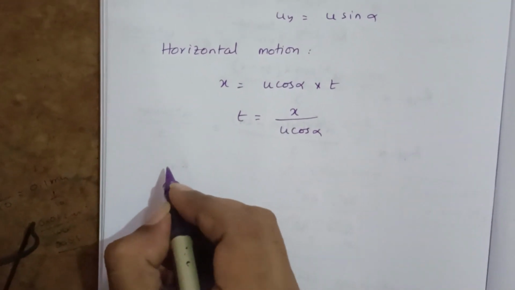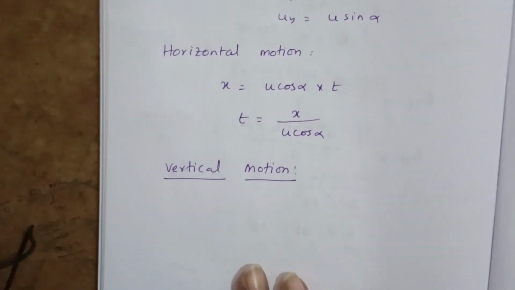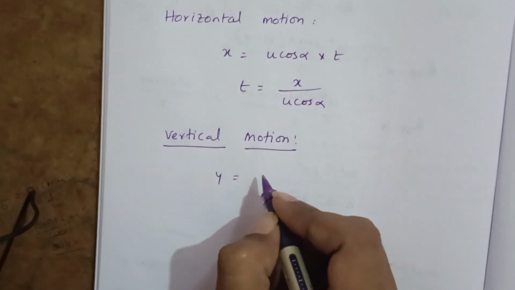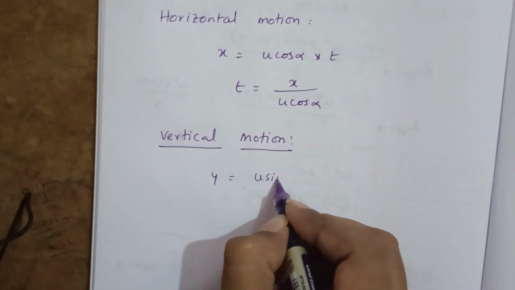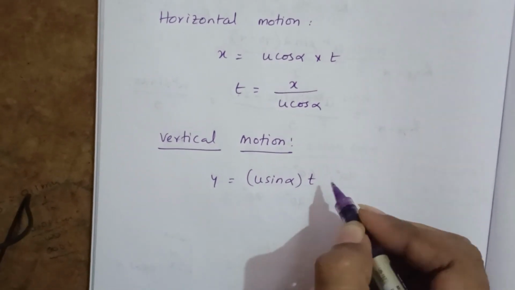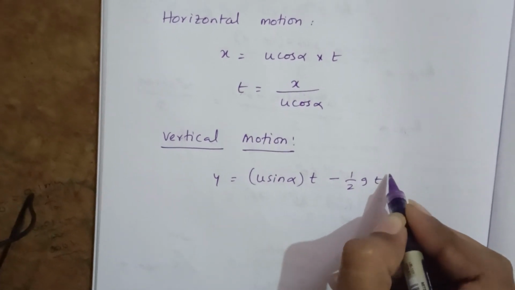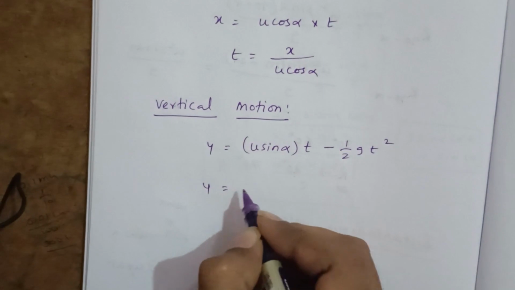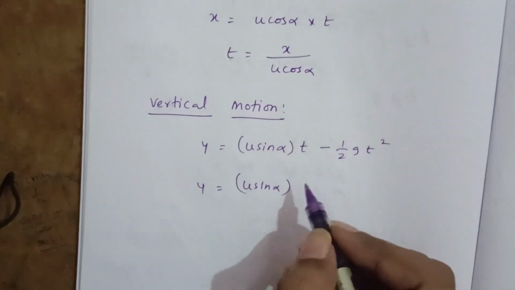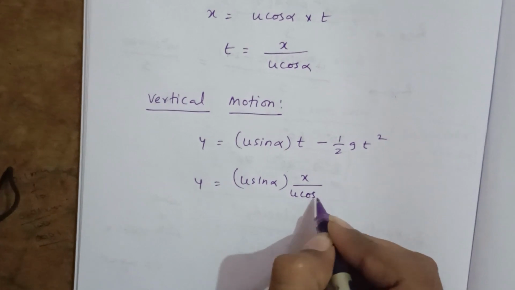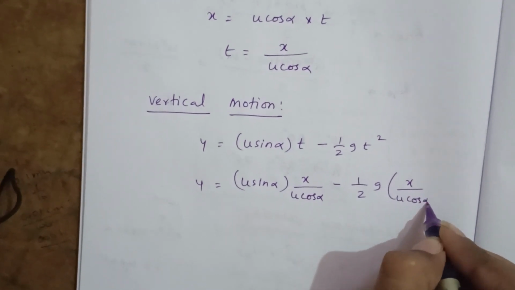Now if you take the vertical motion, in the y-axis direction acceleration is also there: y equals u sin alpha into t minus half g t square. T we already have, x by u cos alpha. So y equals u sin alpha into x by u cos alpha minus half g (x by u cos alpha) square.